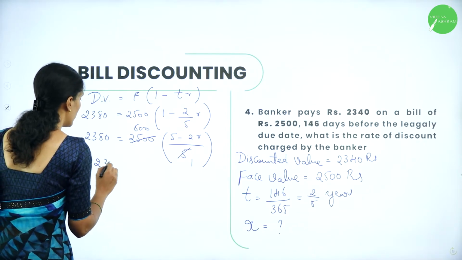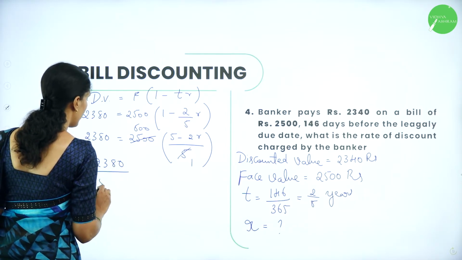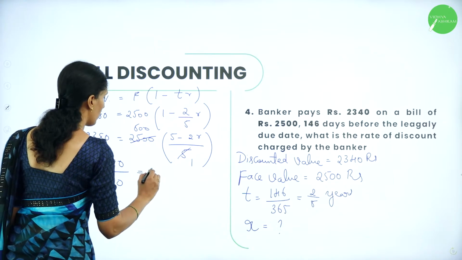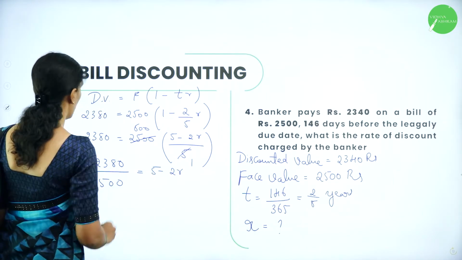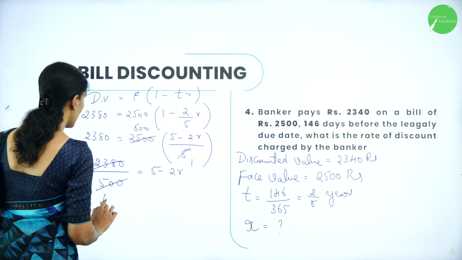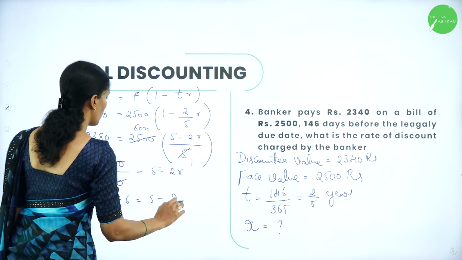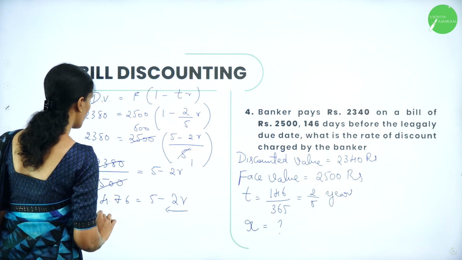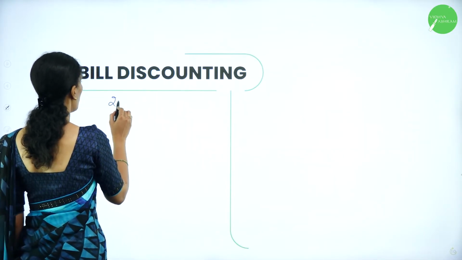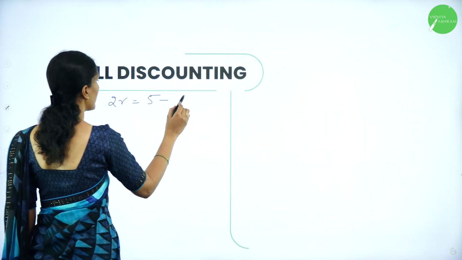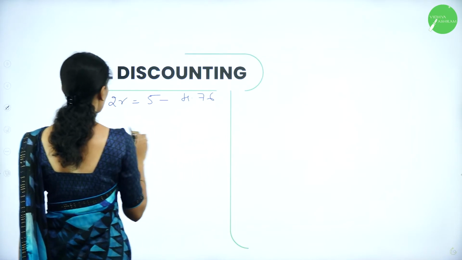Now 2380 divided by 500 is equal to 5 minus 2r. So when you cancel this, you will get 4.76. 5 minus 2r. Now shift these two here. So now 2r is equal to 5 minus 4.76.